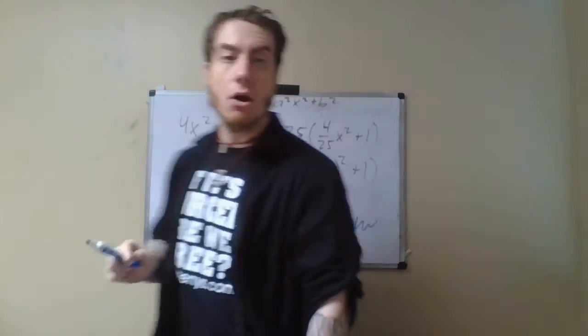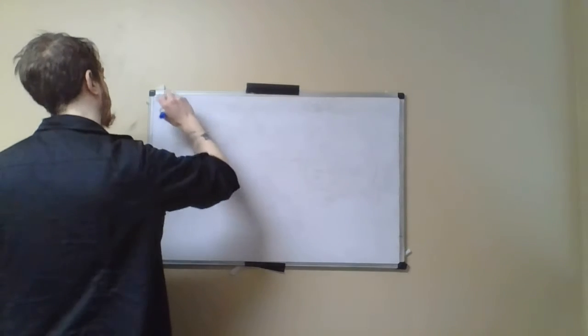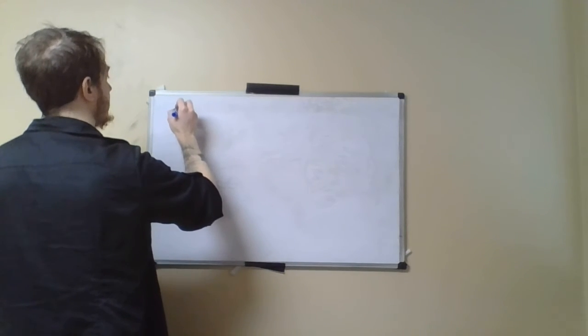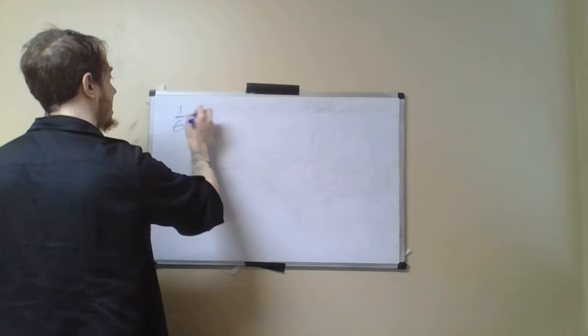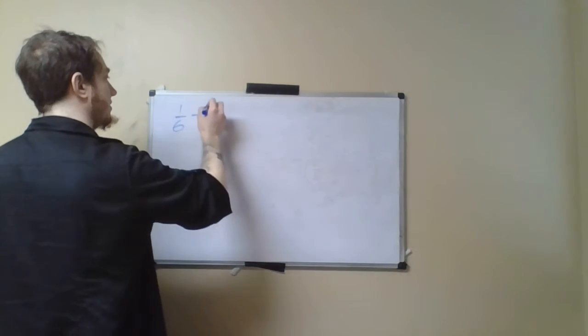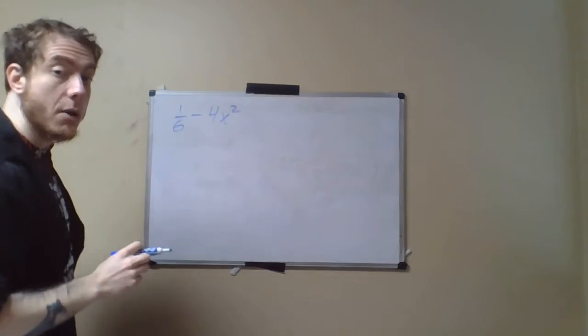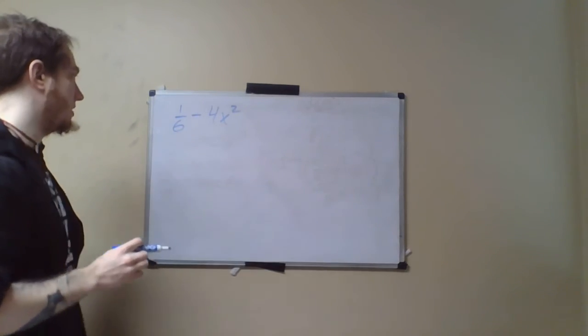And I can do that in other situations too. So for example, if I see something that involves, let's suppose that I have something like 1/6 minus 4x squared. And I know I want to do a trig substitution on this.